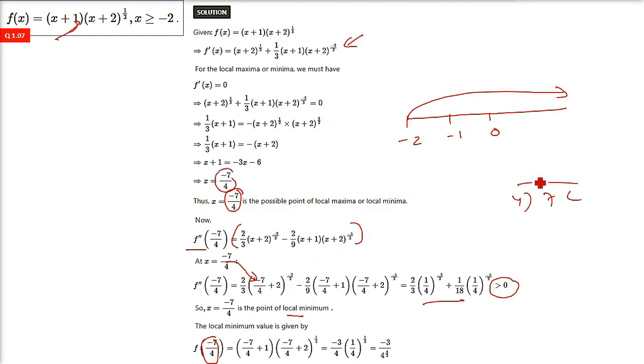Let me just divide and show you. It will come to around negative 1.7. And this negative 1.7 is nearer to negative 2, but still it's above negative 2. So it's fair that we have taken this negative 7 by 4 and found the value.